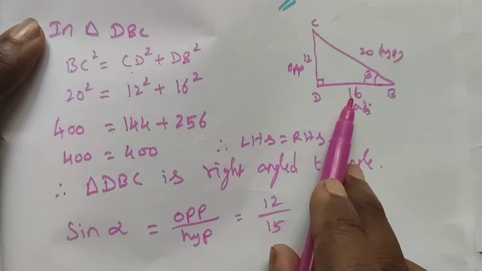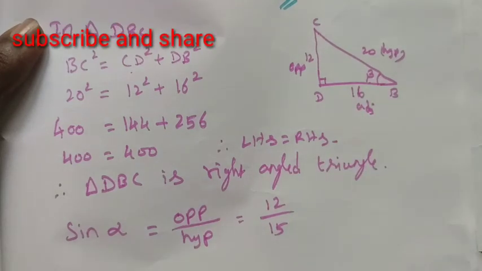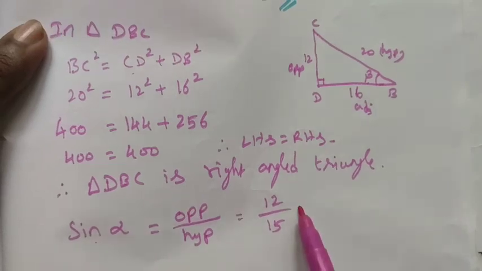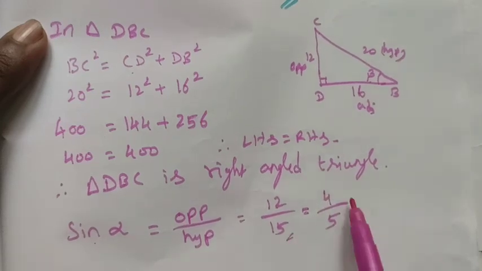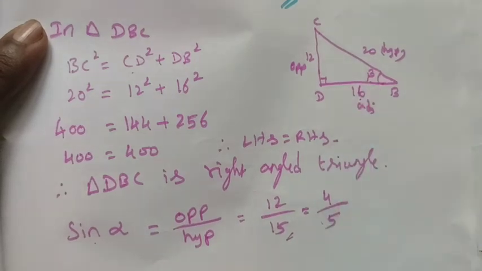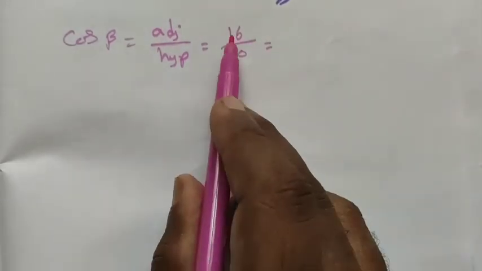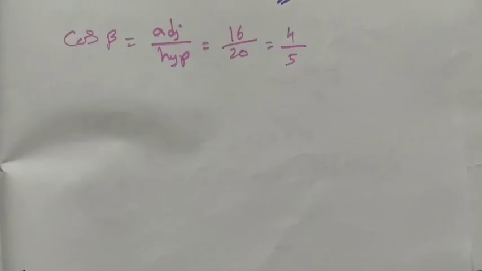Here adjacent is 16, hypotenuse is 20. So it is 16 divided by 20, and it is possible to reduce this. So cos beta is 16 divided by 20, which is 4 fours are 16, 4 fives are 20.